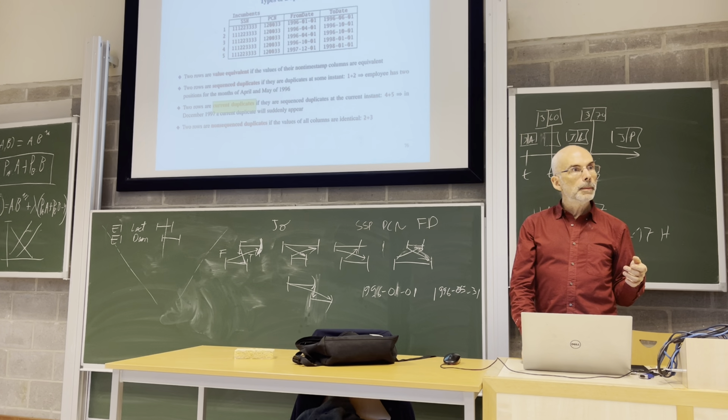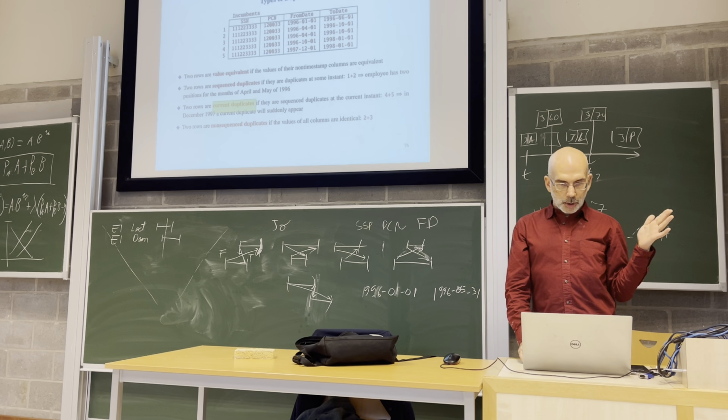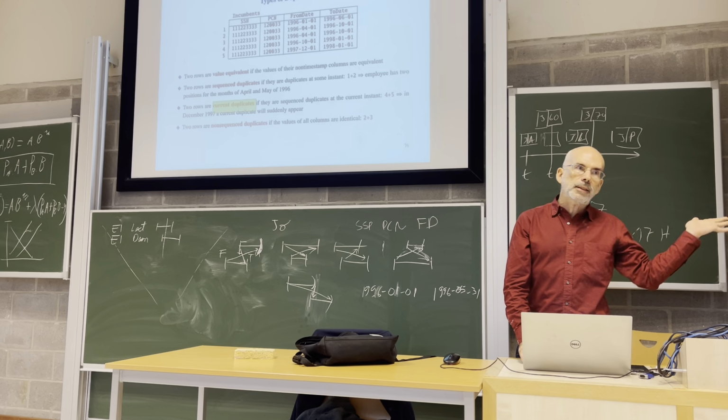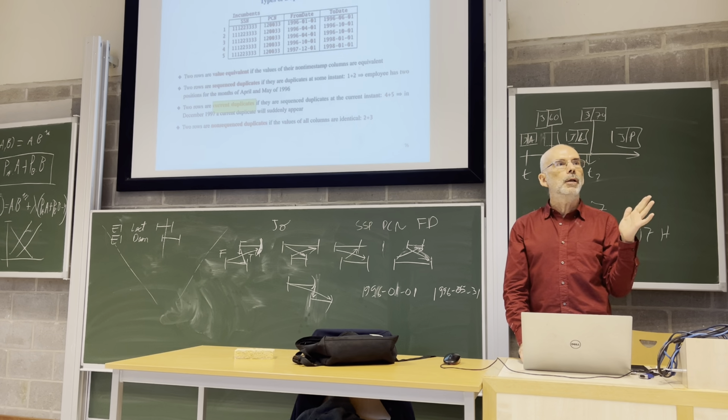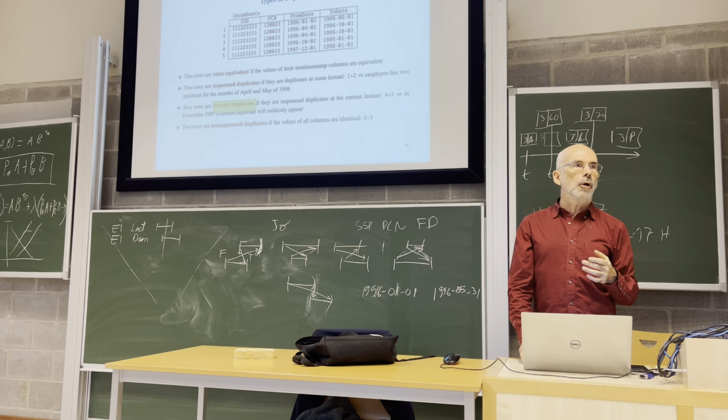Is it true that every current duplicate will also be a sequenced duplicate? If you ensure that every update of the table avoids current duplicates, and you don't update the past and you don't update the future, then by definition the whole history will also be valid.